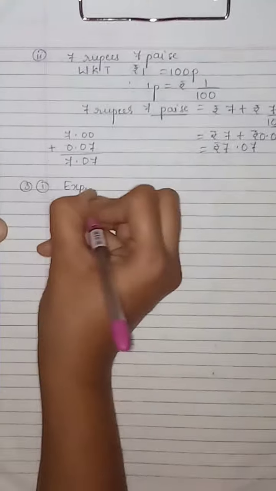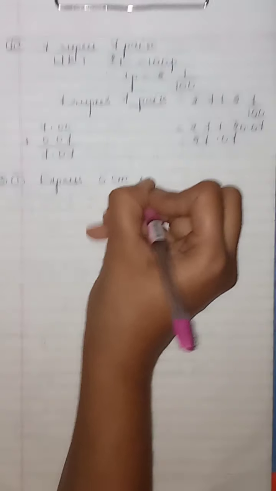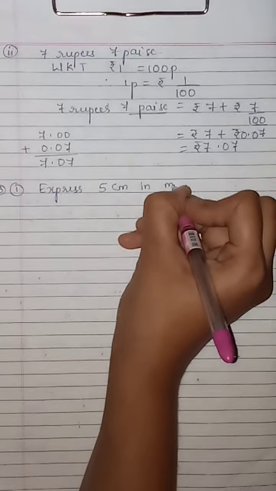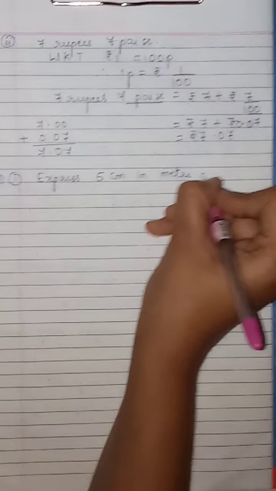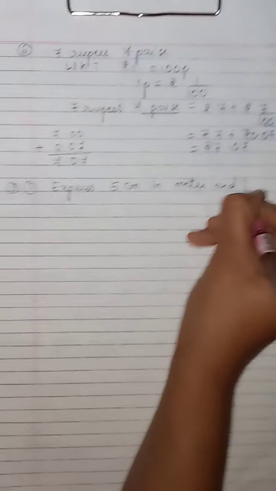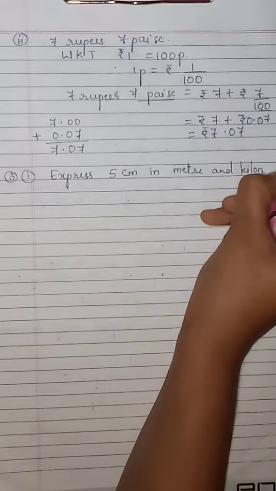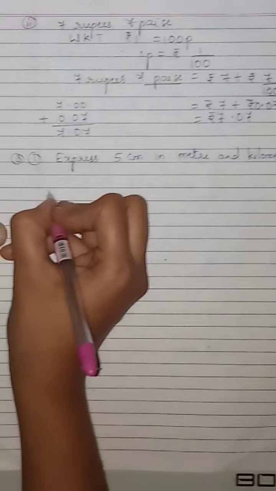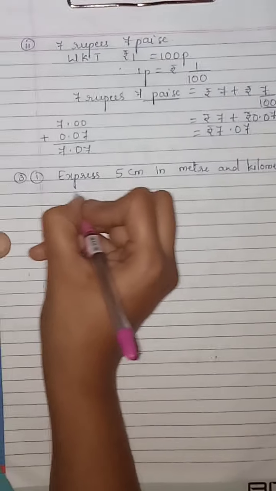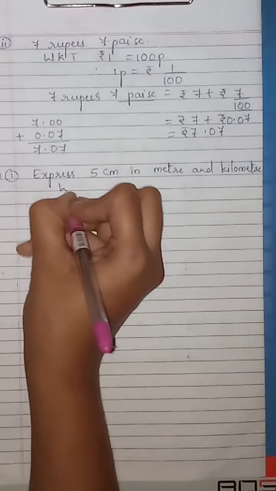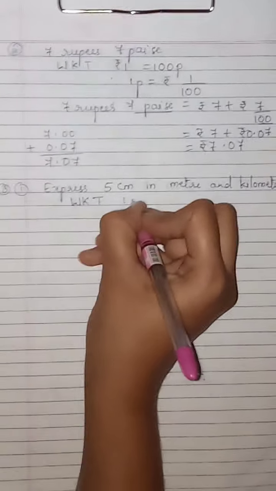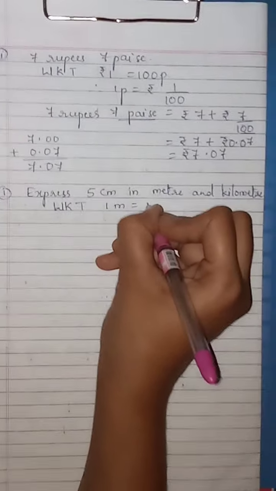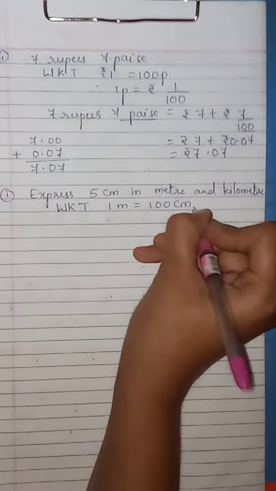Next, third main, first one. Express 5 centimeter in meter and kilometer. Here we know that 1 meter equals 100 centimeter.